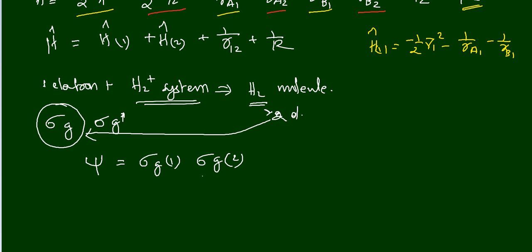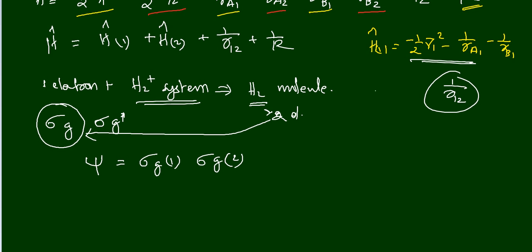And there is a problem here when we are placing both electrons in this sigma g orbital. We created the expression for the sigma g orbital based on a certain Hamiltonian. We used this Hamiltonian, then only we got the expression for the sigma g, right? In this Hamiltonian, something is missing. What is missing is the term 1 divided by R12, the inter-electronic repulsion term.